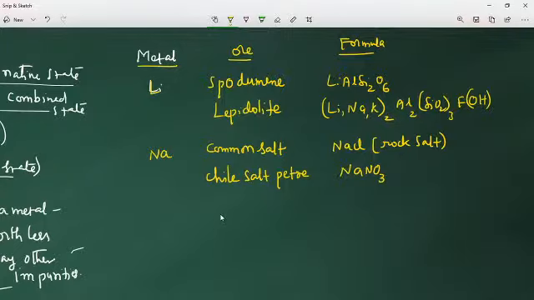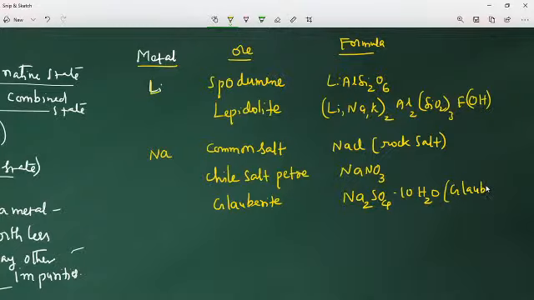Another one, glauberite, that is Na2SO4 10H2O, also called Glauber's salt.